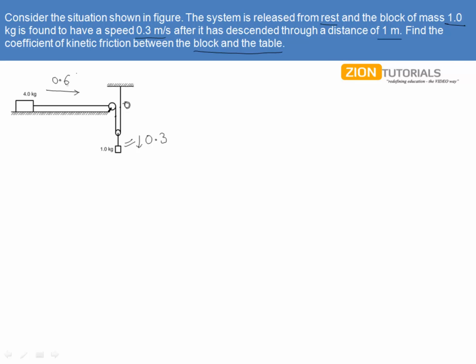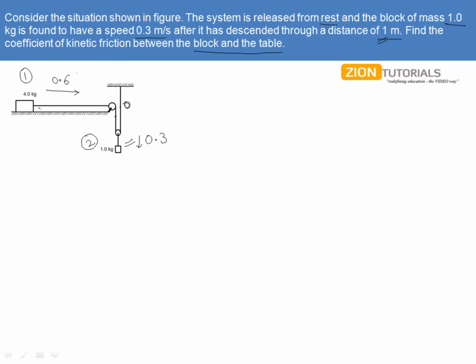This you must have learned from the pulley equation, the same as we had the acceleration relation in the pulley equation. So if we consider this to be block 1 and this to be block 2, then we have M1, M2. Now we have been given the distance, so we can easily find out the work done by the gravitational pull over this block.